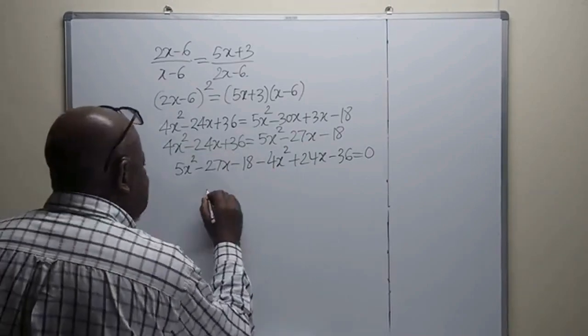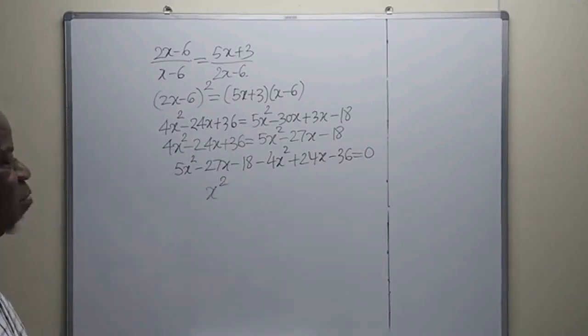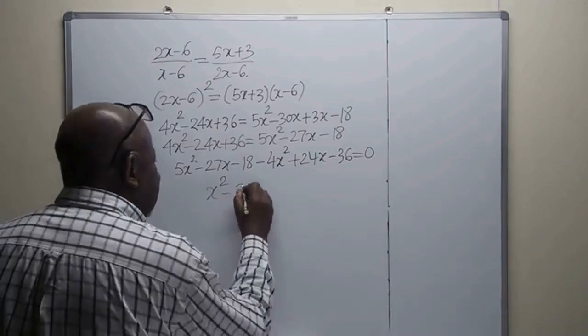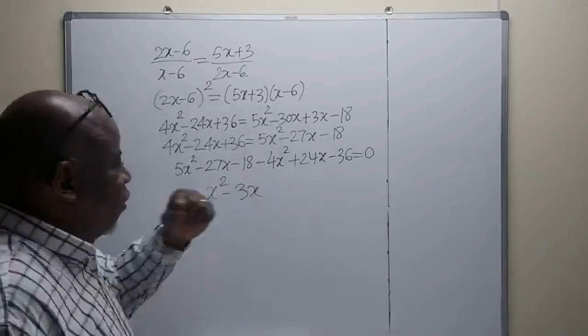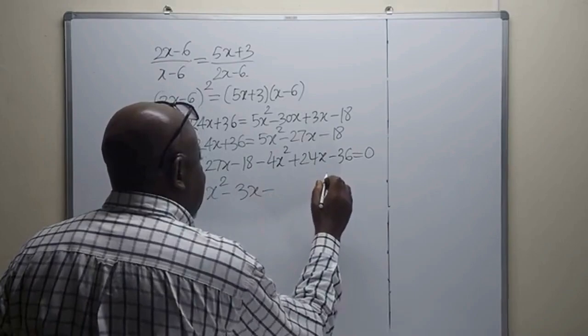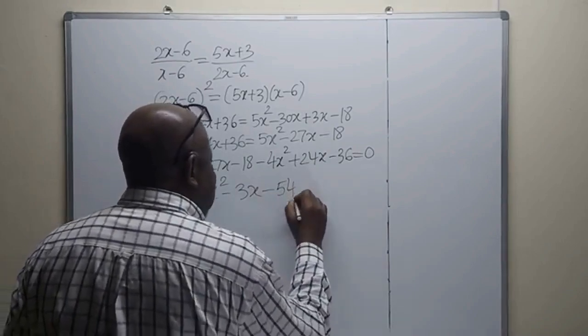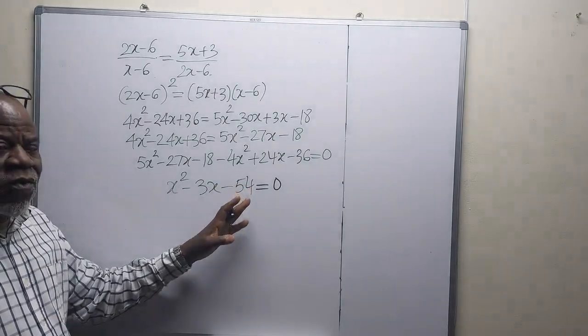So here we get x² − 27x + 24x, which is −3x, and −18 − 36, which is −54. The product must be −54 and the sum −3.